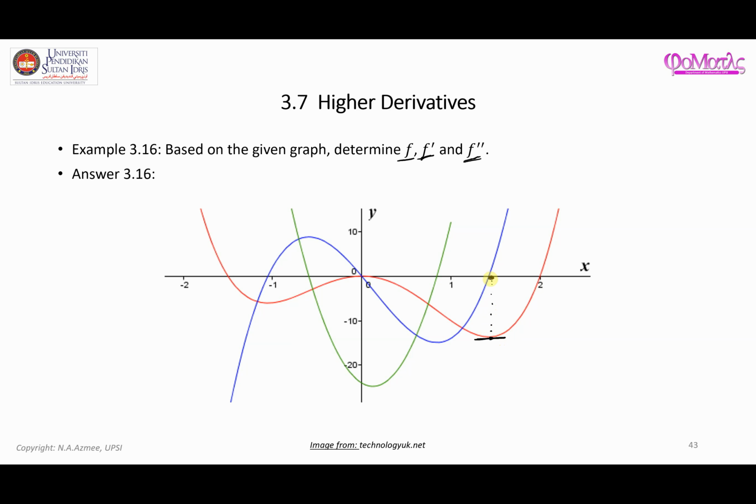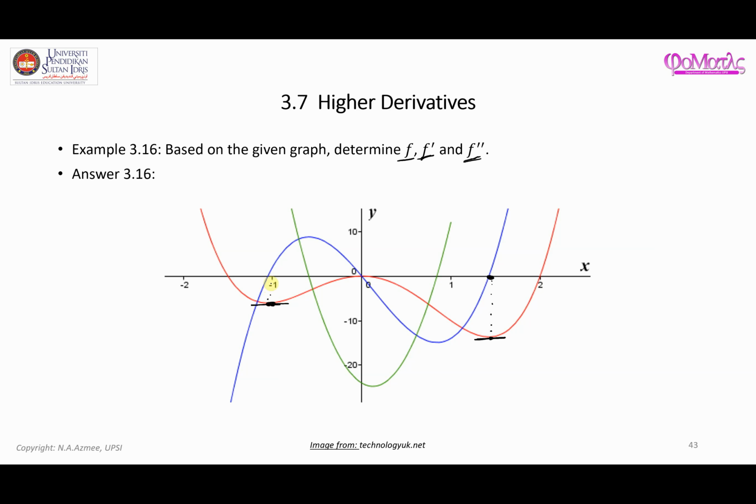So my 0 value here is situated on the blue curve. So somehow I can guess that the blue curve here is the derivative of the red curve. If you're not quite sure, we can go on and check other points. For example, at this point here, you can see that the slope here is 0. The tangent line here has slope 0.